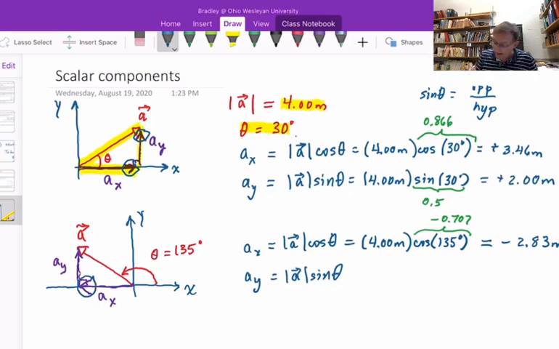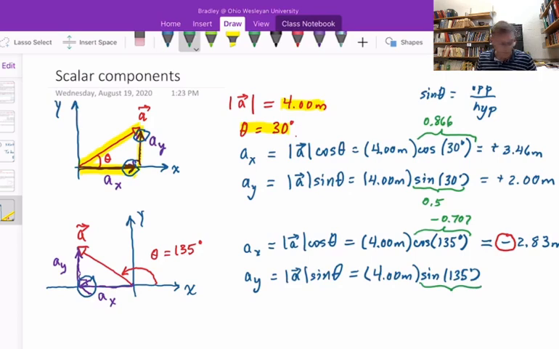This negative sign right here on the x component is absolutely vital. And if not included, will give incorrect answers everywhere else in the problem. It's really important that you understand that. Now for A sub y, I do magnitude A, 4 meters, sine of, same theta, sine of 135 degrees. And you go to your calculator and you say, hey, calculator, what's the sine of 135 degrees?